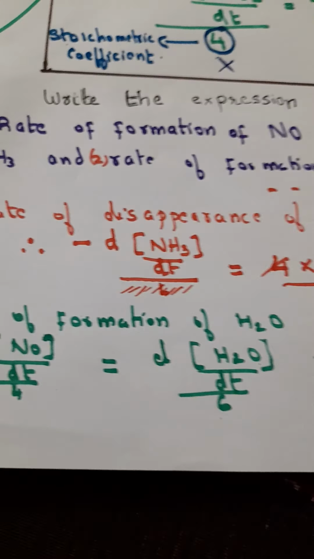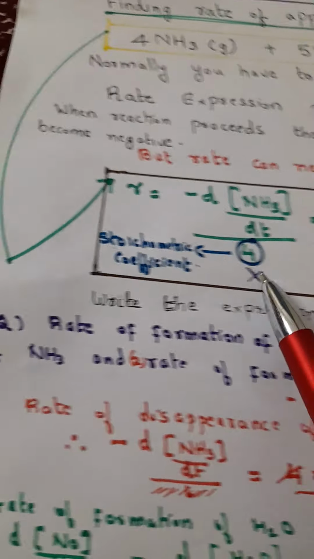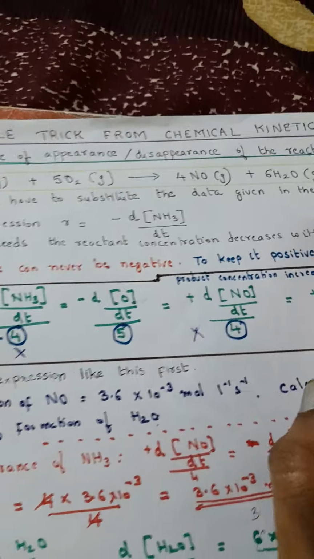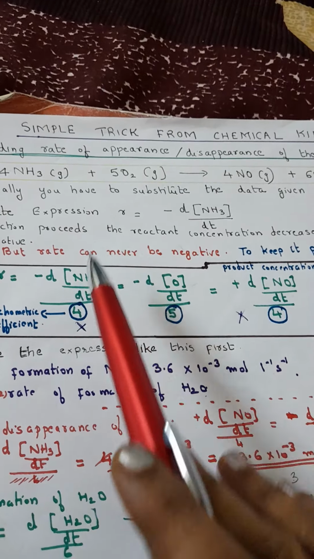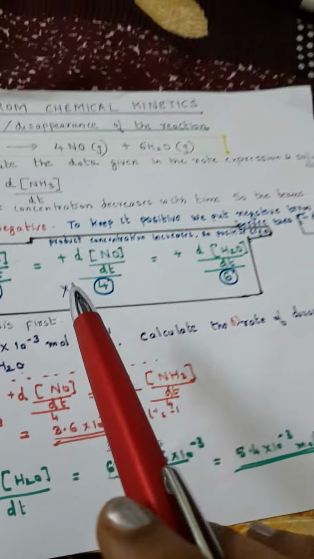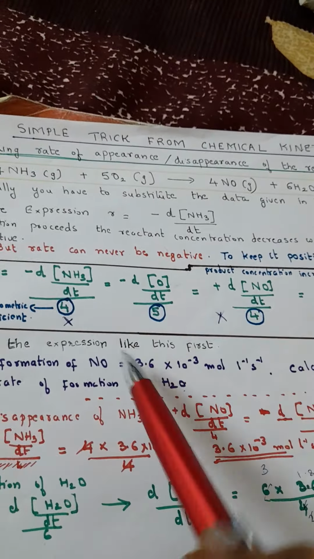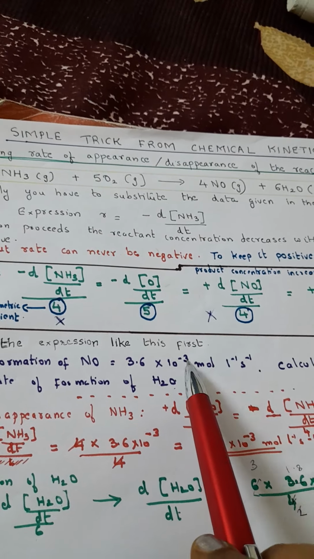formation of water. So just using this expression, so whenever you get an equation, always you have to write the rate expression like this. So remember, reactant side, don't forget to put the negative sign, and product side it will be positive. Once you write this, then whatever values are given in the question, just look for that value, whatever it is given.